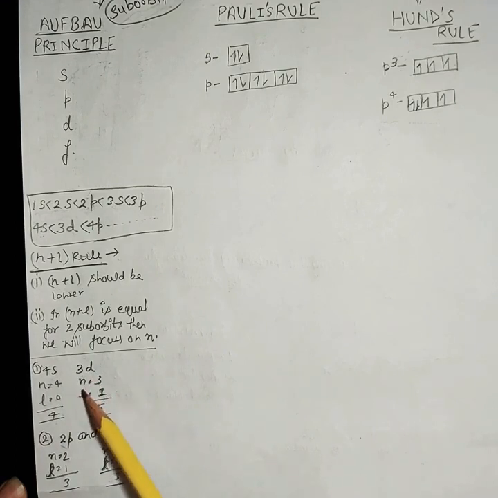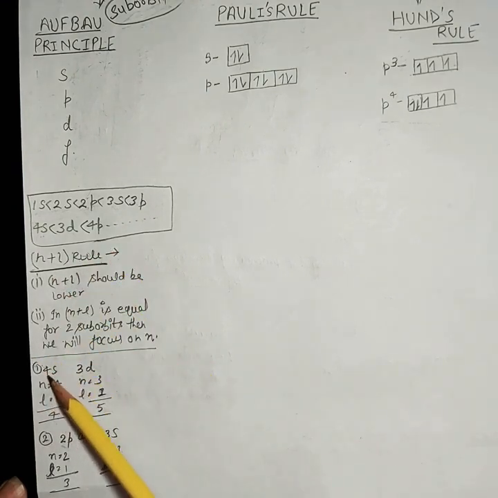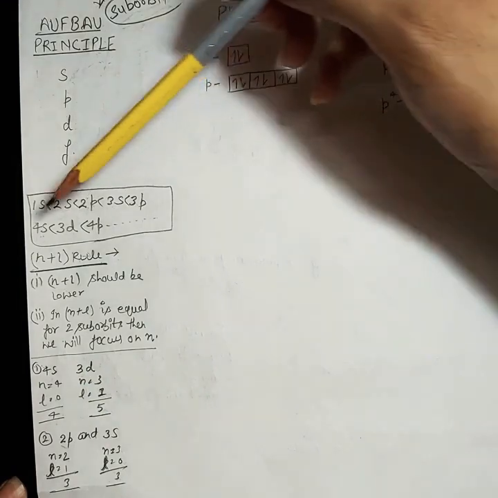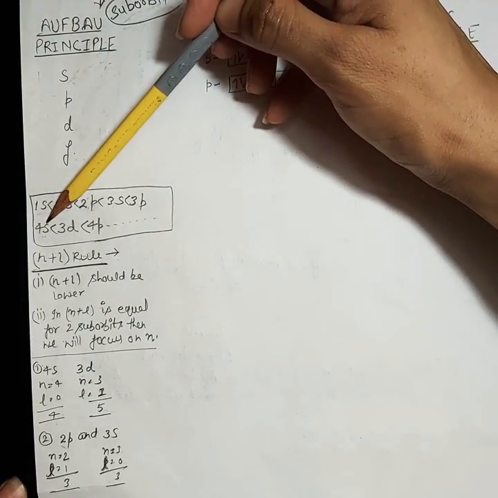So for 3d, n plus l will be 5. As you can see, n plus l is more for 3d than 4s. So according to the n plus l rule, 4s suborbit will fill first, and after that 3d will fill. That's why 4s is present before 3d.